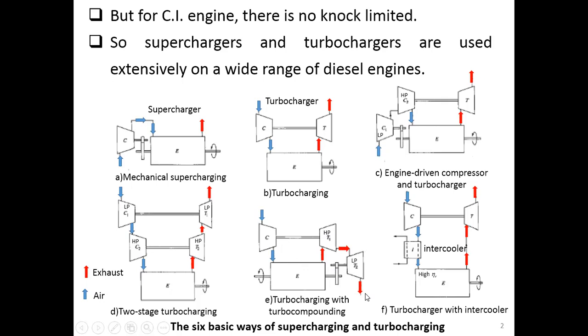So using this, the work that comes out from the engine can now be in two parts. The first part is from the engine itself, and the second part is from this low pressure turbine. These combine together to deliver the power out from the engine.